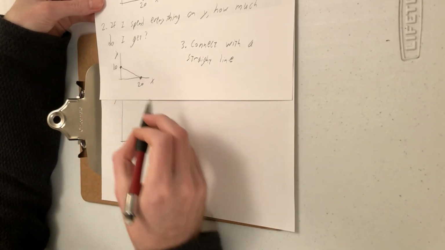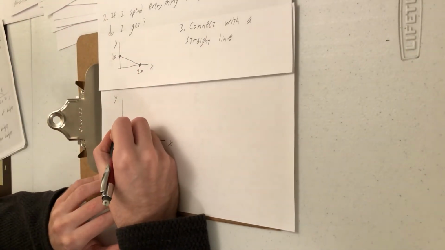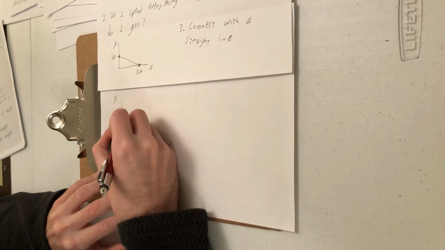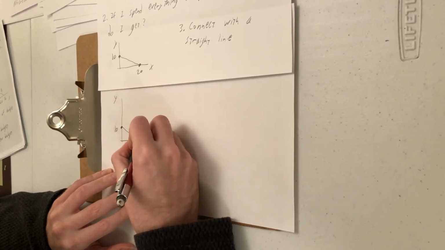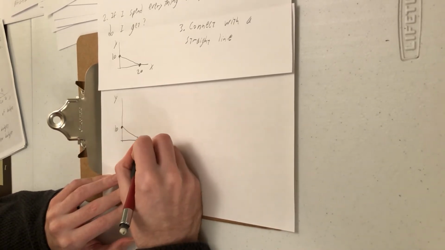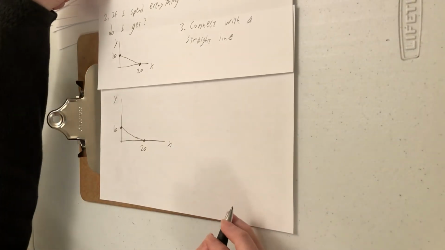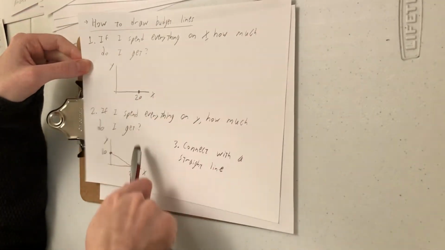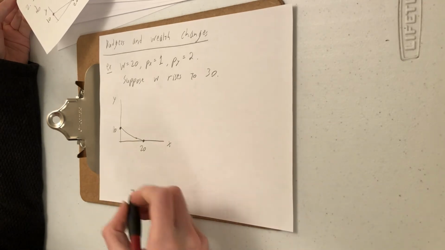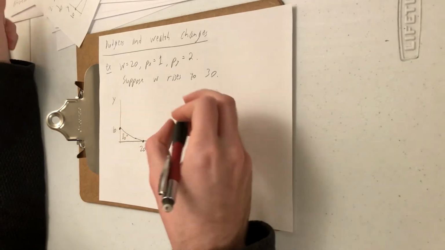So this was our original budget line, where we had 10 and 20. Let's follow the same procedure here to figure out what happens if I have $30 now. I'll call B0 my old budget.